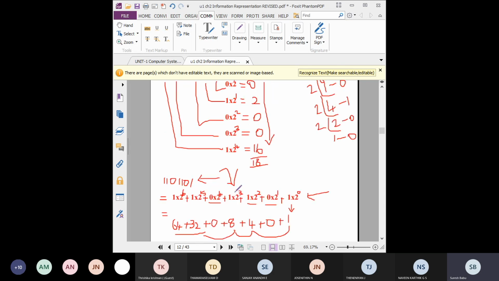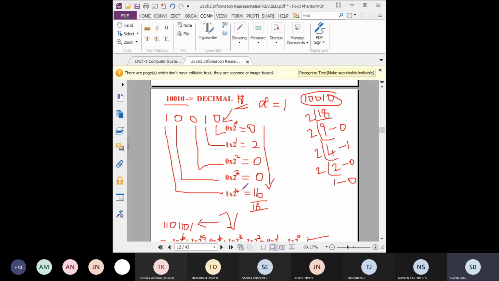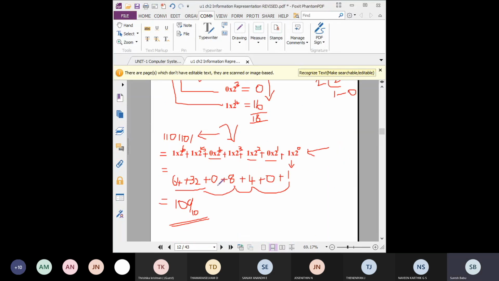Okay, so kindly understand this procedure and practice. Okay, so see here, this is the binary number 11011101. If you use this one and repeatedly multiply with the 2 power values, starting from the right side.